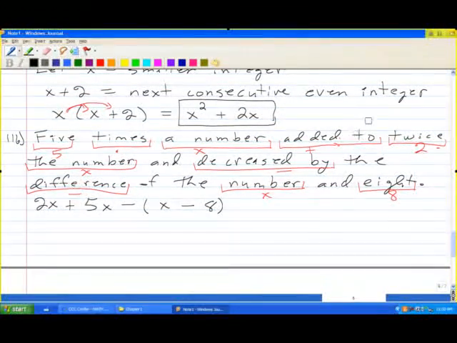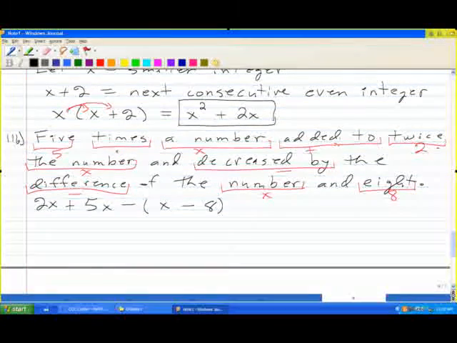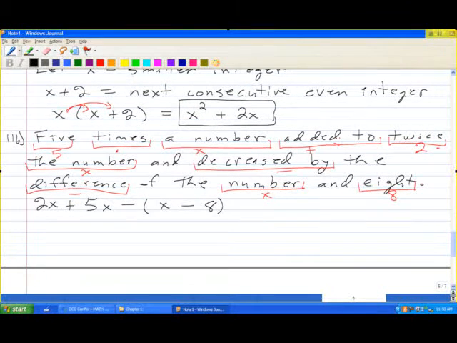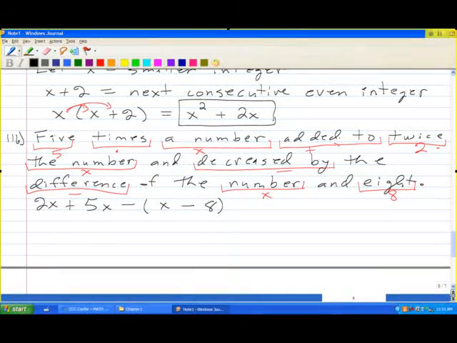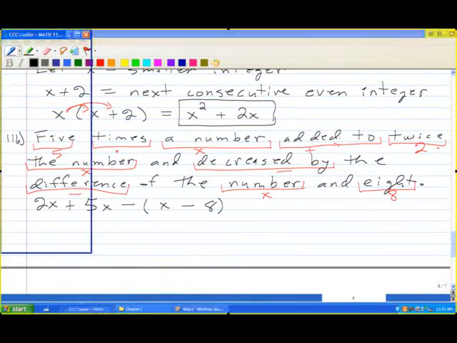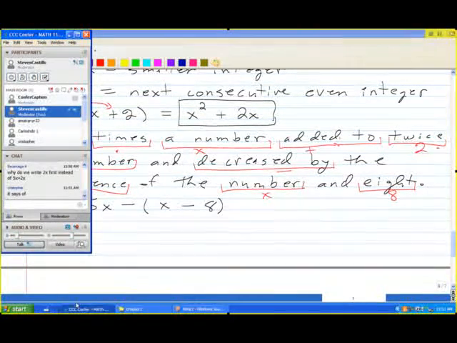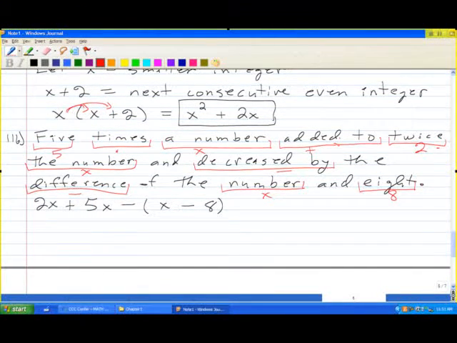But since it says it's added to, the 5x was added to this previous quantity of 2x.